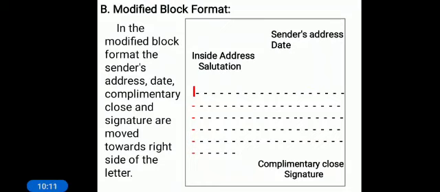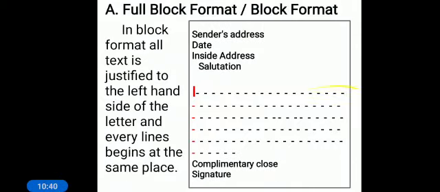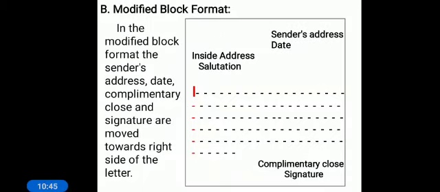In block format, all text is justified to the left hand side of the letter, right? But in the modified block format, sender's address, date, complimentary close and signature move towards the right side of the letter. So here you can see the difference between full block format and modified block format.